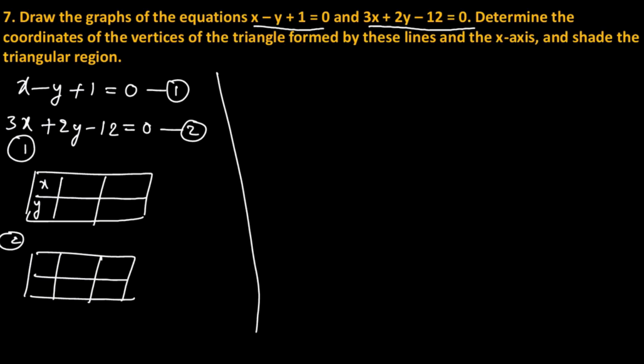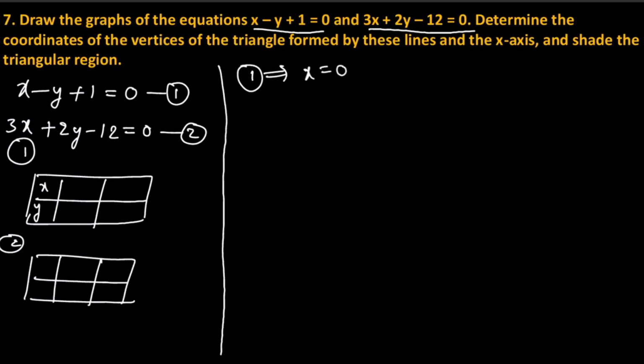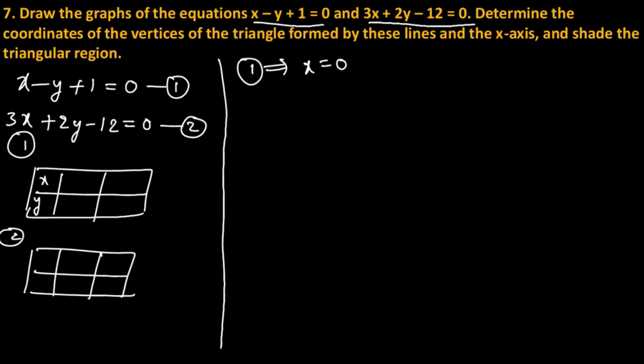So for the first equation, let us assume the x value as 0. Zero minus y plus 1 is equal to 0. Minus y is equal to minus 1. Minus minus got cancelled. Y is equal to 1.